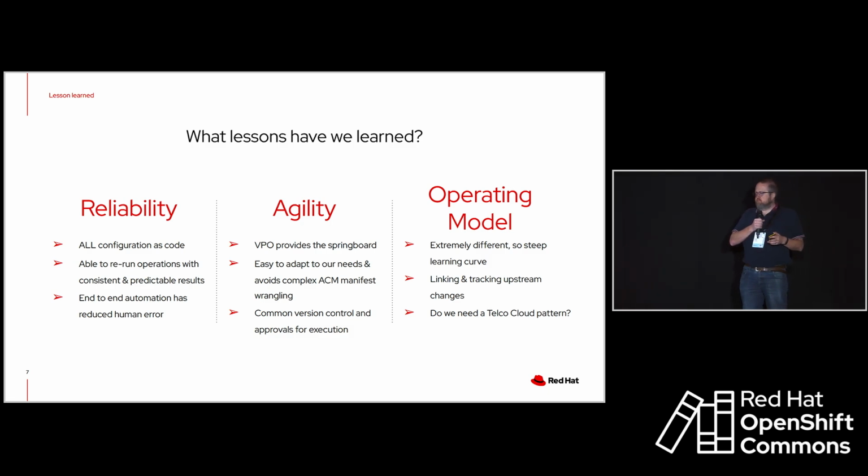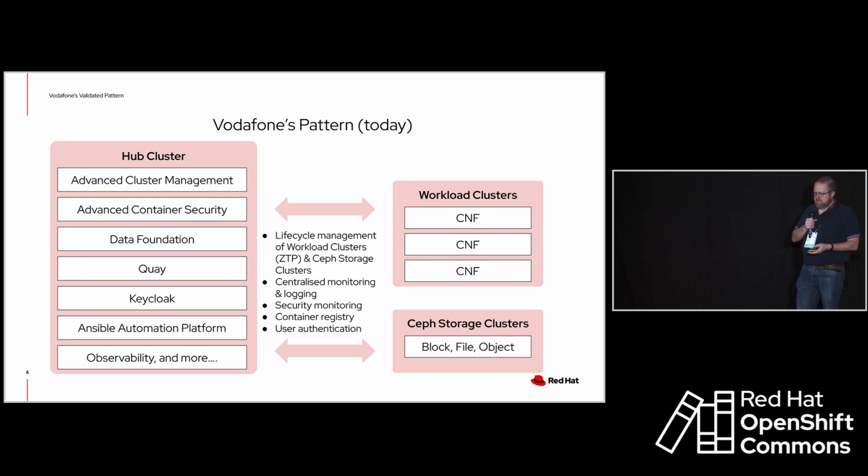The second point there is I mentioned in the pattern I showed earlier, we've got many standard Red Hat components, ACM, ACS, Ansible, Quay, etc. Not all of those fully track upstream Helm charts. So for example, I'll just pop back to there. Take ACM as an example.